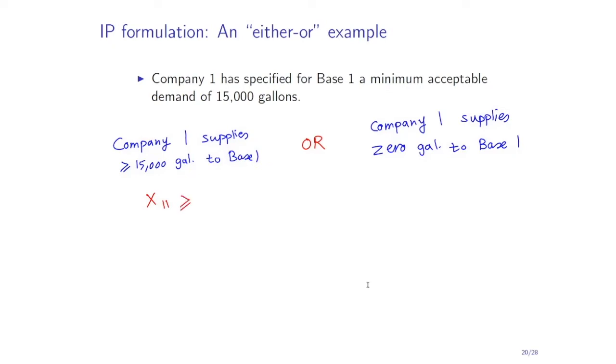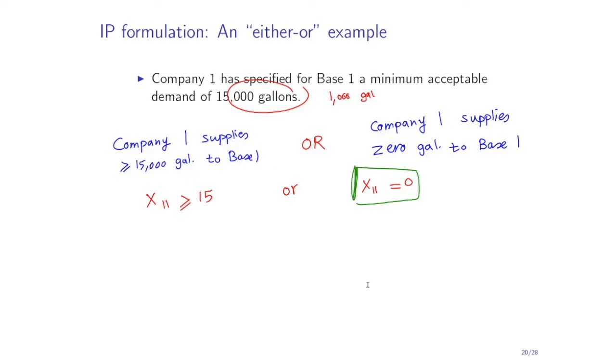So this is greater than 15, because remember, everything is in terms of 1,000 gallons. So X11 is greater than 15, or X11 is 0.